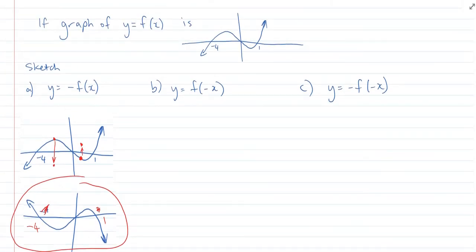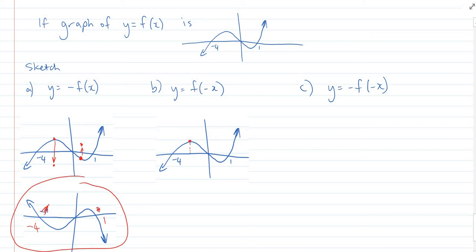Now we've got y equals f of negative x. And if you think about that, what that means is the function values are swapped from x to negative x. So where this belongs to this particular x with y equals f of x, now it's going to belong to the same distance over here, this particular x.